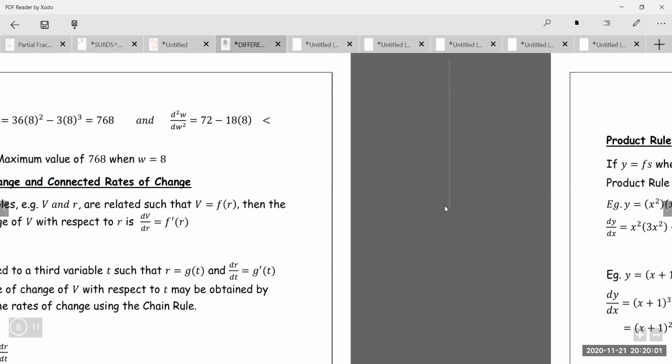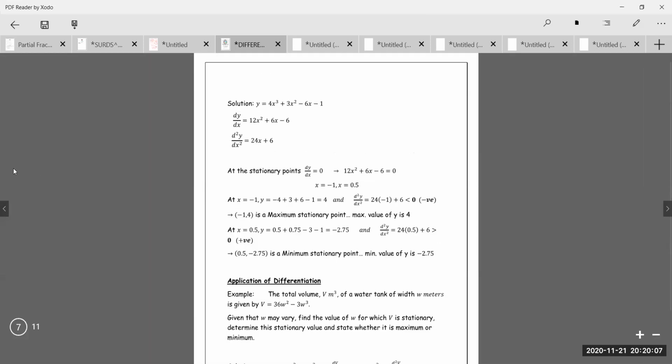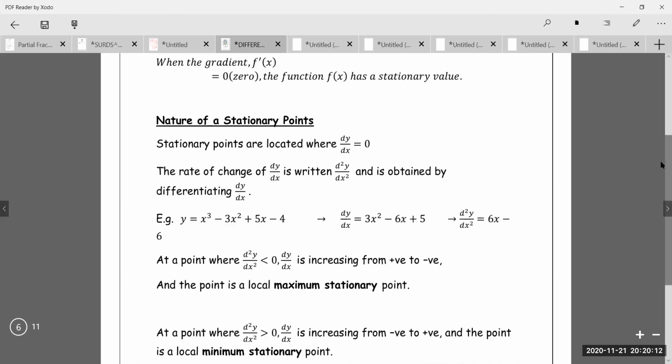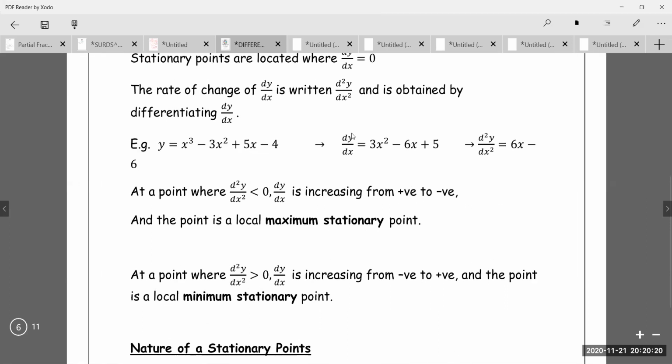Next, we're going to do differentiation in two parts. What we're going to look at now is the second derivative. When you get dy by dx, you get another function in x, and you can differentiate further. The second derivative tells us the nature of the stationary points, whether it's a maximum or a minimum.